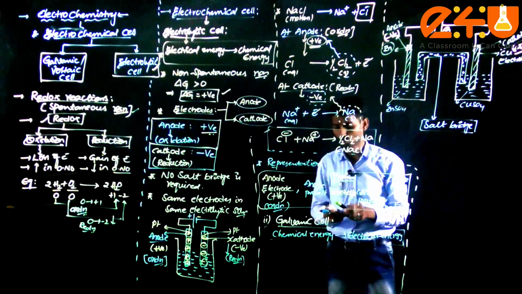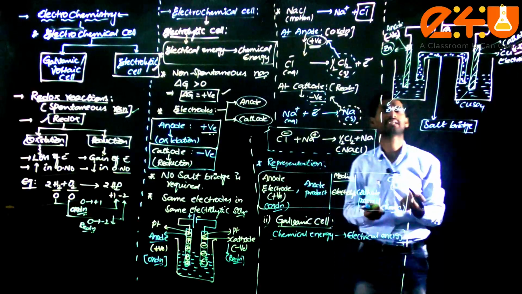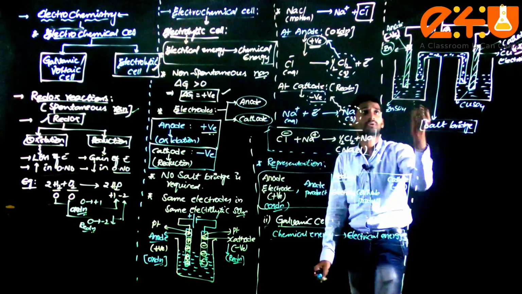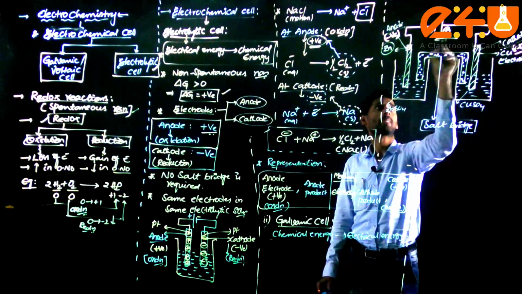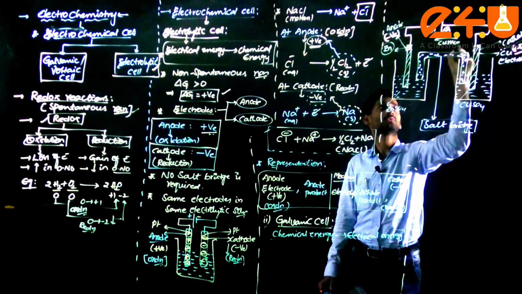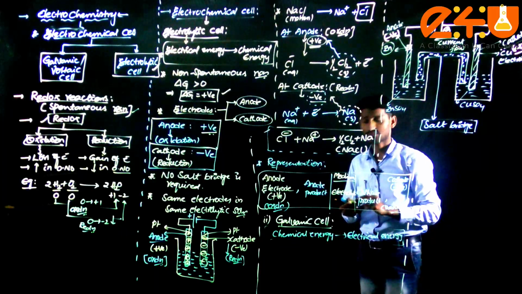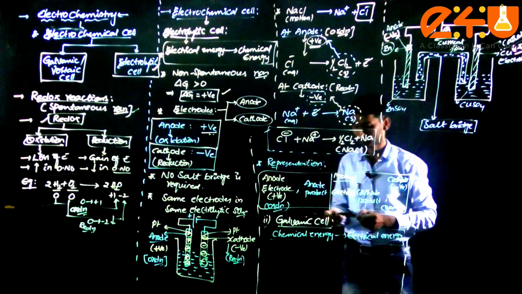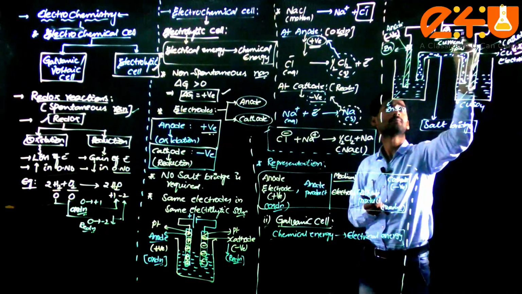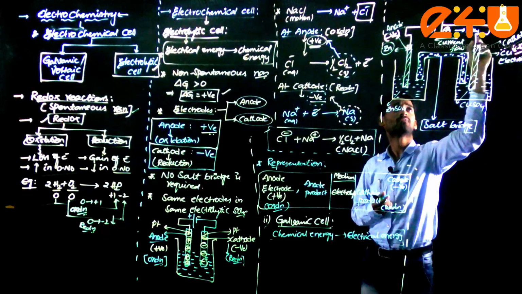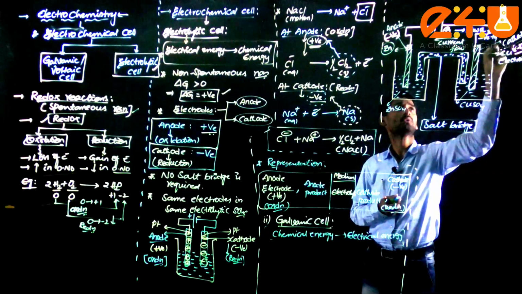Now let me start. How do the electrons flow? You might have studied in the physics electricity chapter the flow of electrons as well as ions. Current flows from the positive terminal to the negative terminal. The flow of electrons is from the negative terminal to the positive terminal.